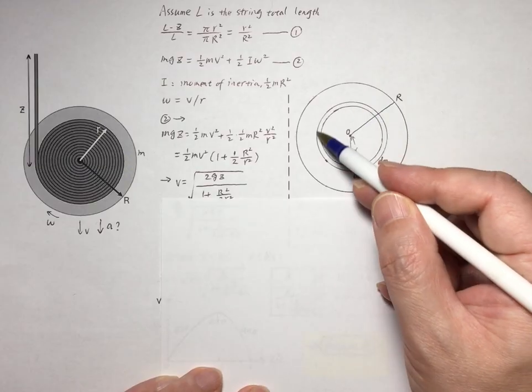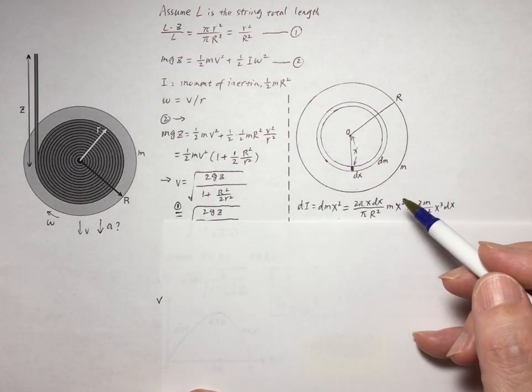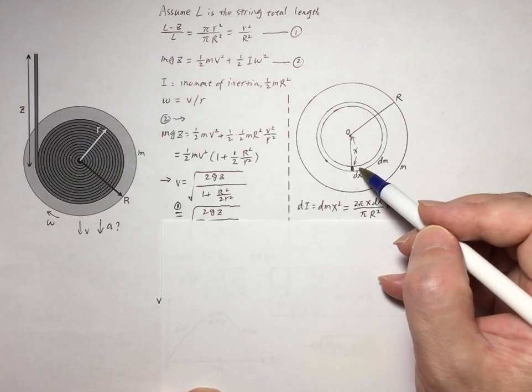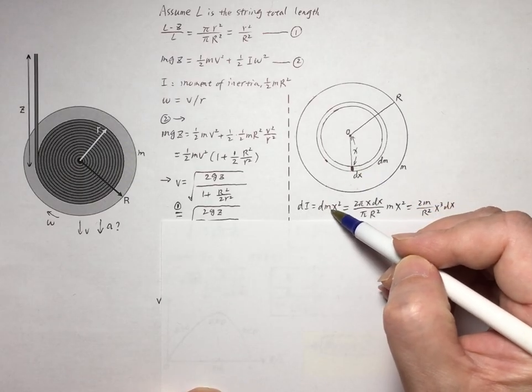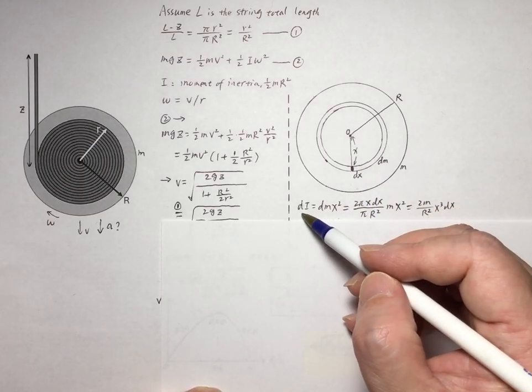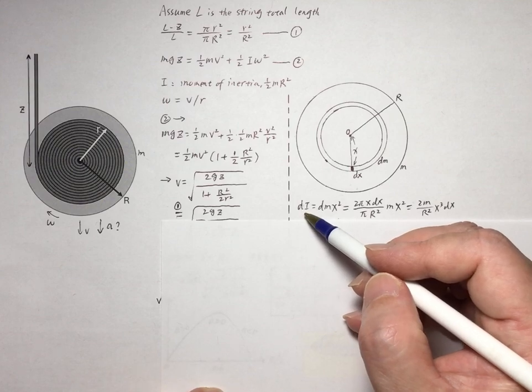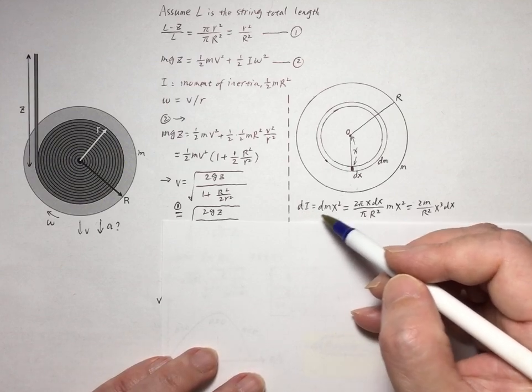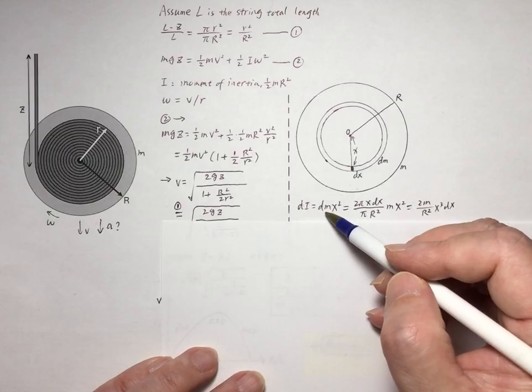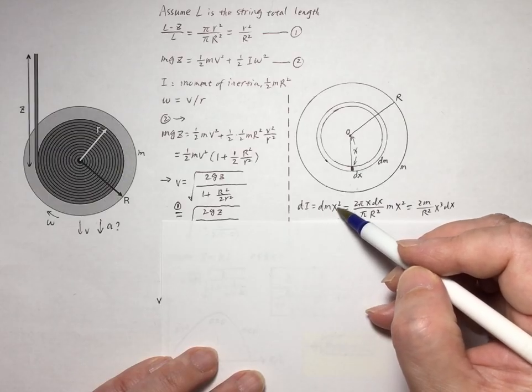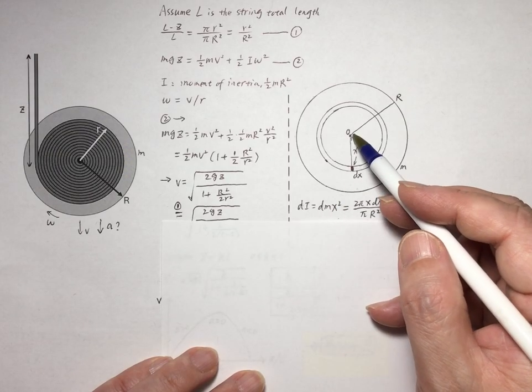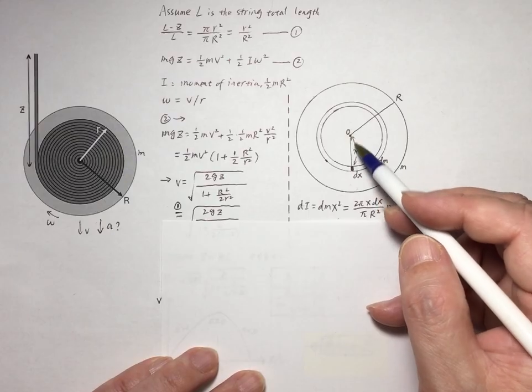The area of this ring is proportional to its mass. So the moment of inertia dI is equal to dm x squared, where x is the distance from the origin.